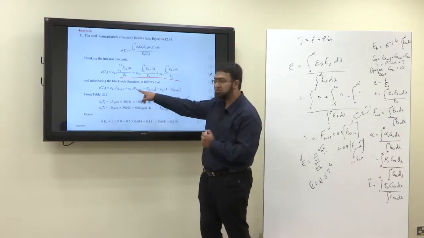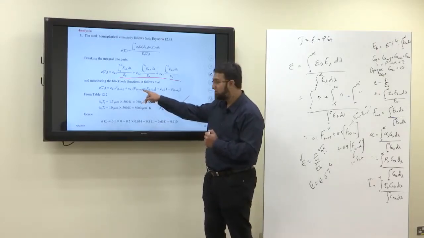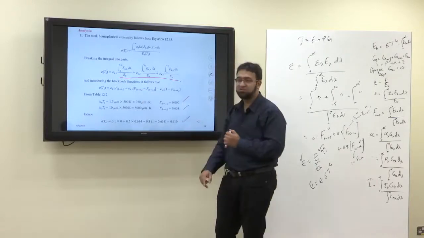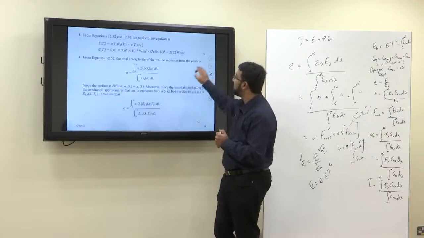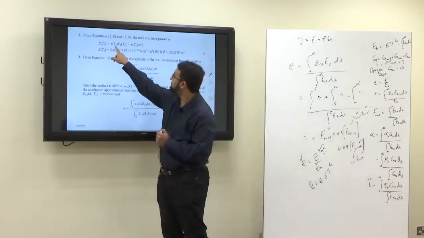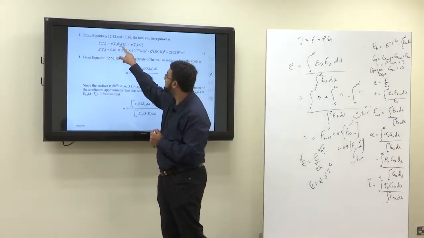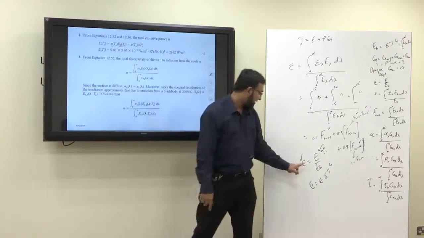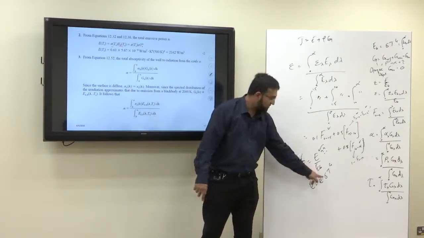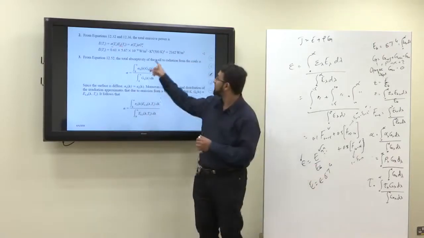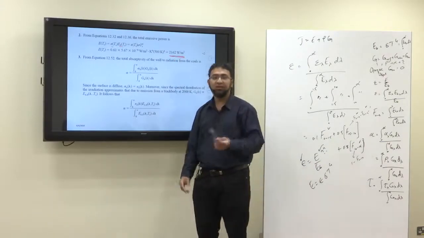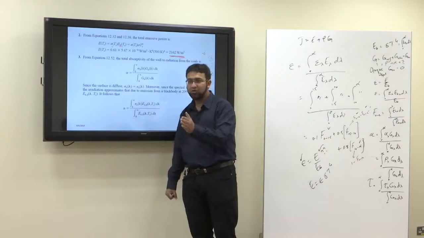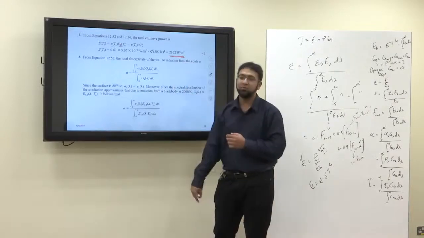Substitute all these fractions into this equation, and you will get the emissivity. Emissivity here is 0.61, total emissivity. Once we know the total emissivity, multiply it with EB, which is sigma T power 4, to find the total emissive power. So the total energy emitted by the wall is 2162 watt per meter square.